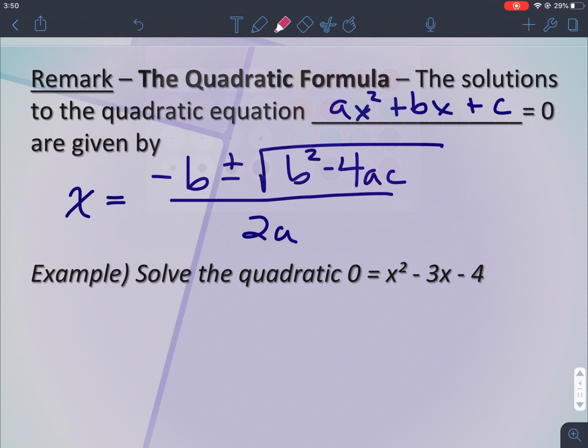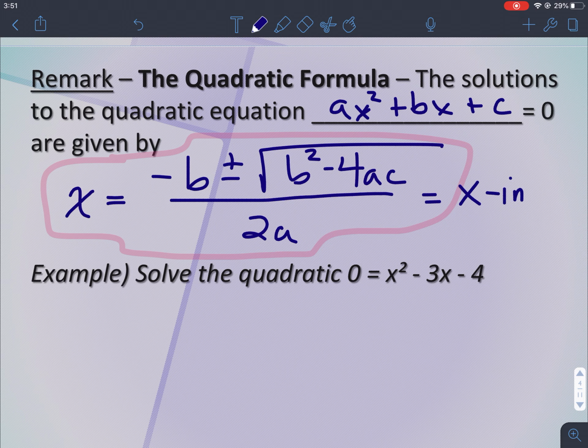That is our next formula to remember. Note that these are the x-intercepts in a typical graph of a parabola, because we are setting y equal to 0.